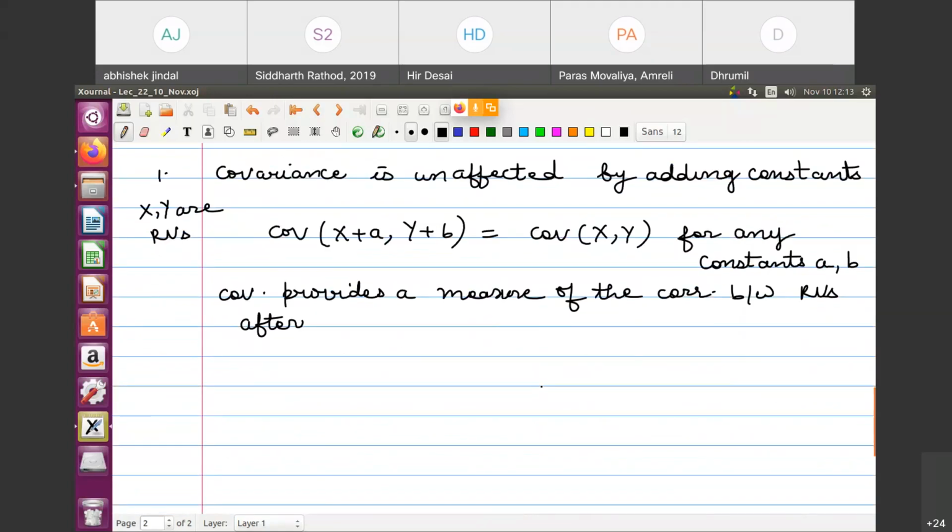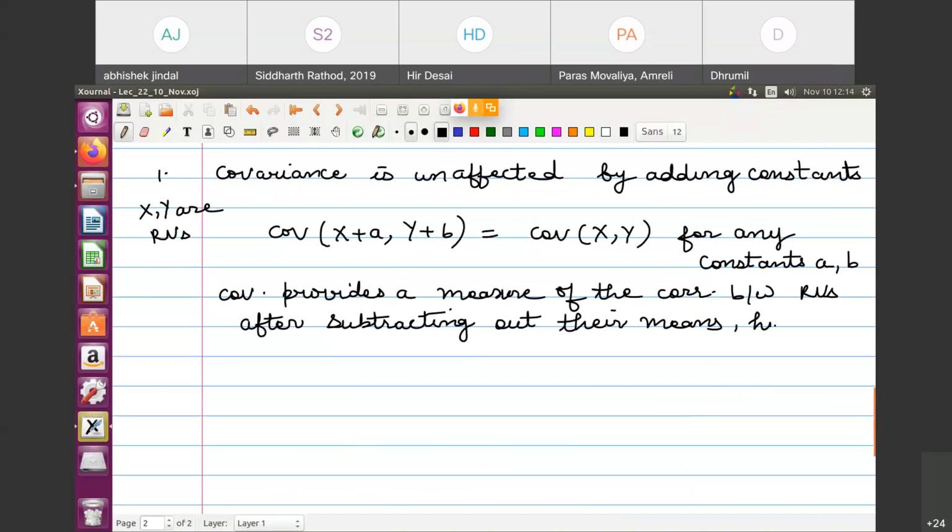Now, if you add a constant to a random variable, what change will it give? Only the mean gets shifted. Variance and every other thing remains the same. So addition of a constant to a random variable changes the mean. While defining covariance, you will always subtract the mean, so the change which has happened because of adding a constant is already subtracted out. So you land up with the covariance of the random variables when there was no addition of any constant.